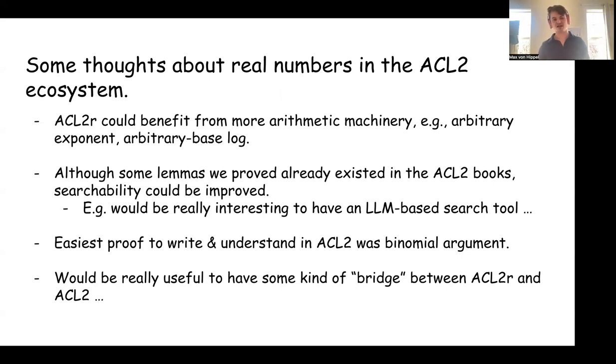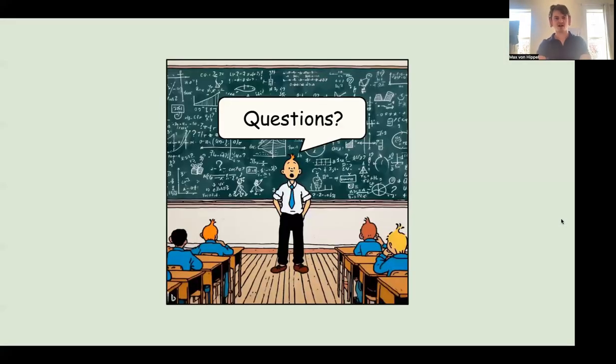So you would need a strong typing system for this bridge that would make sure that all the variables in the theorem are proven in ACL2R to be rationals. This is an interesting model theoretic problem. I don't know that it'll be solved, but I think it's fascinating and would be a fun paper to write. And with that, I'll take any questions.